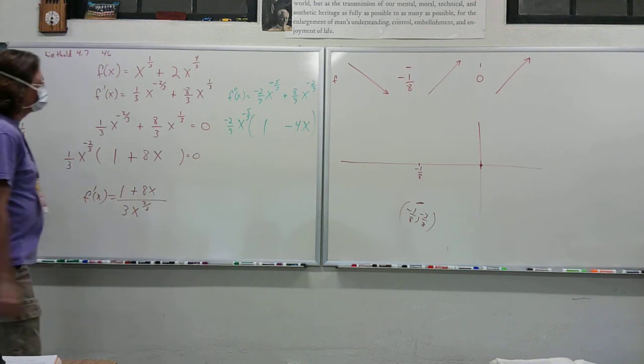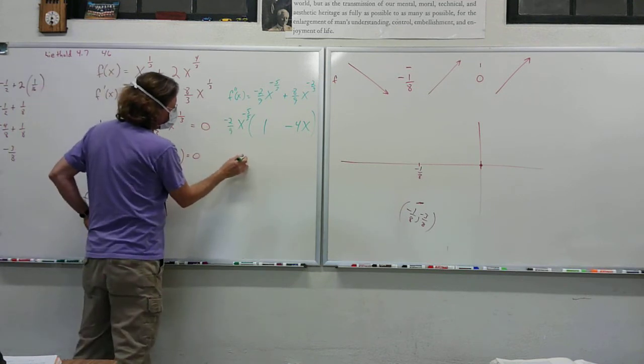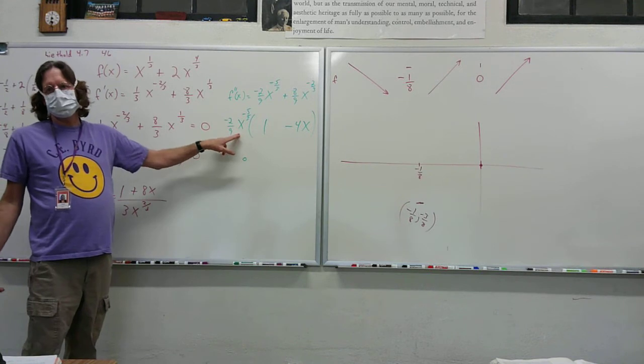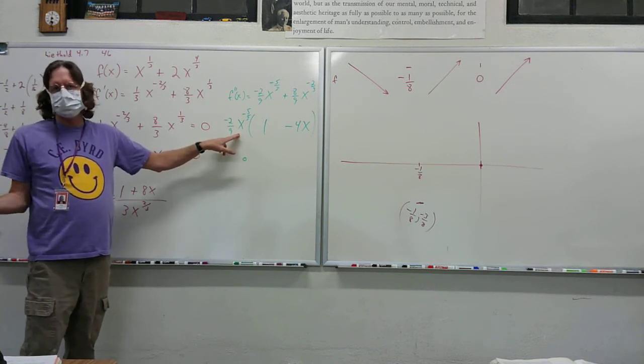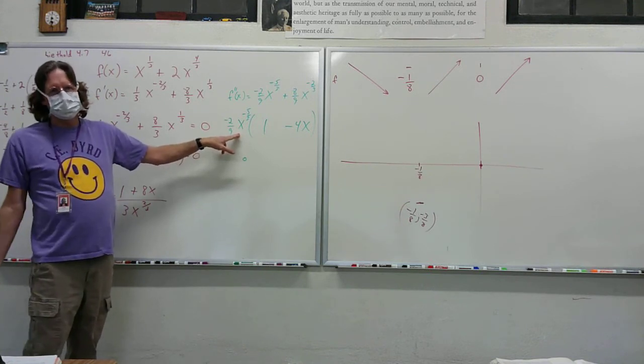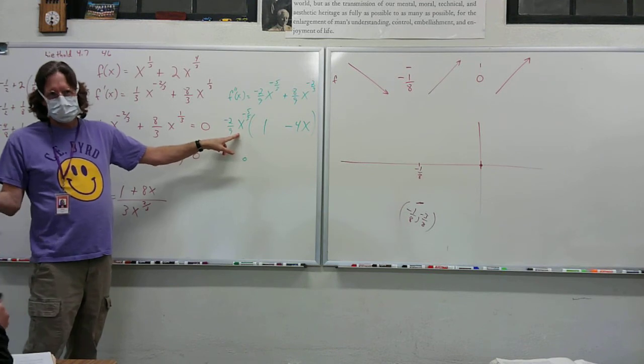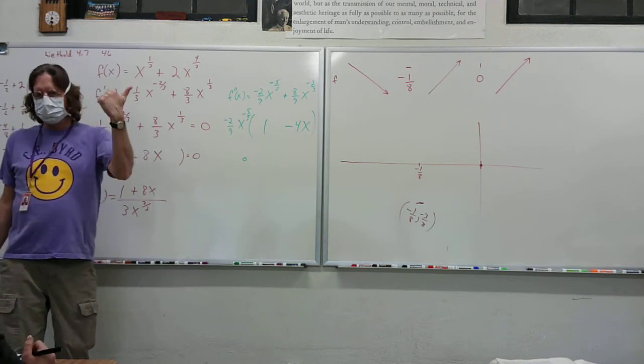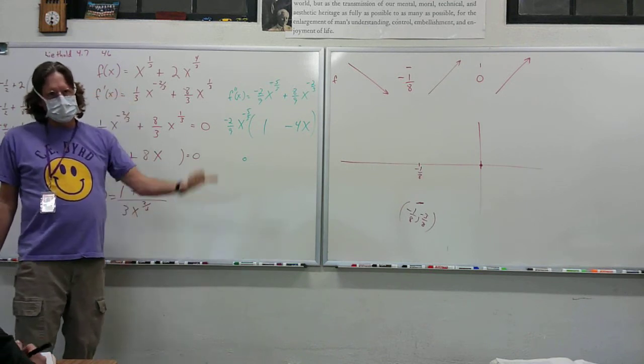So, does everybody agree that 0 is going to make this thing undefined? For your second derivative, that's not a big deal that it's undefined, because we need the important numbers, and they're where the second derivative is undefined or equals 0.